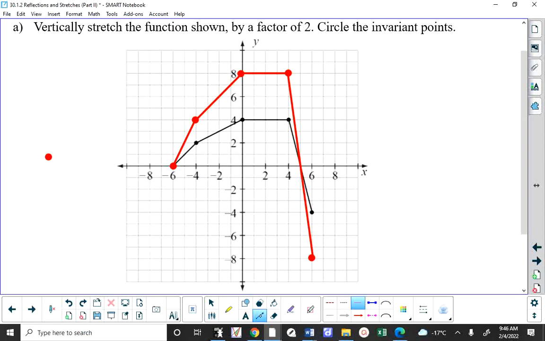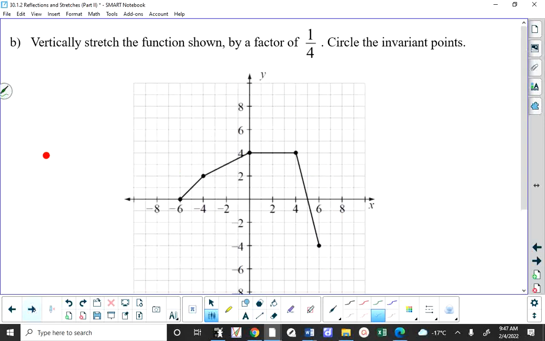So we're learning here, just like vertical reflections, that the x-intercepts are invariant when you vertically stretch. Circle the invariant points. I'll circle them in green. It doesn't matter as long as you understand that they're invariant. I think that's pretty straightforward. Any questions with A?